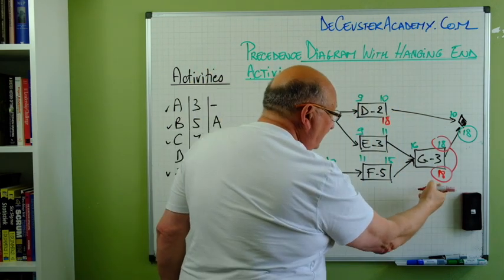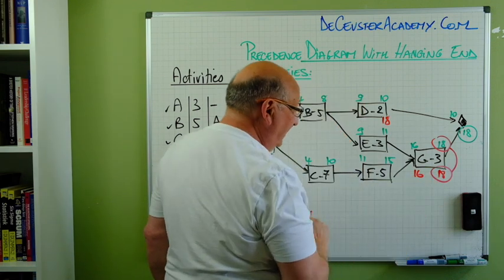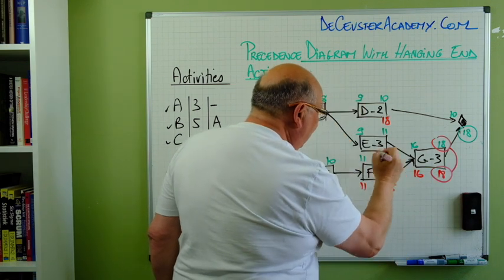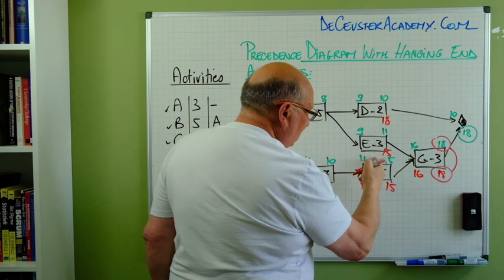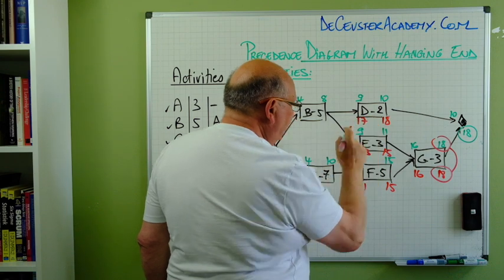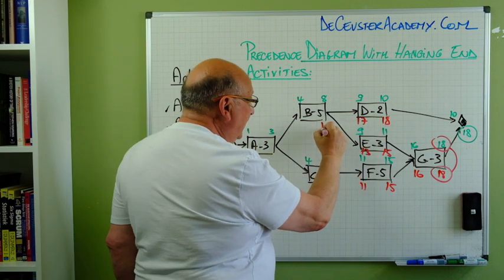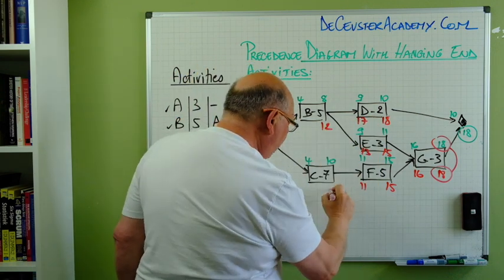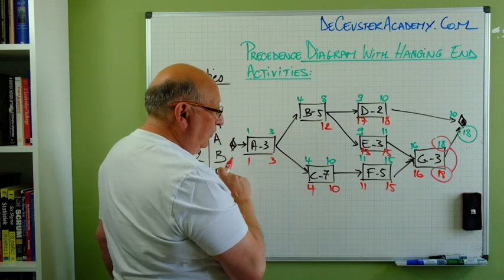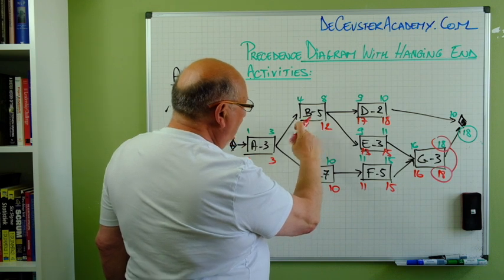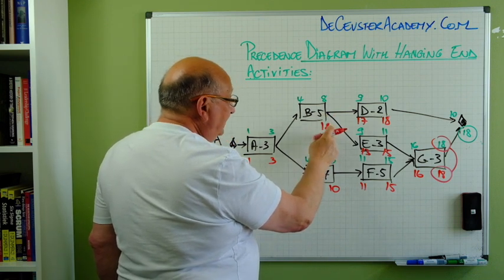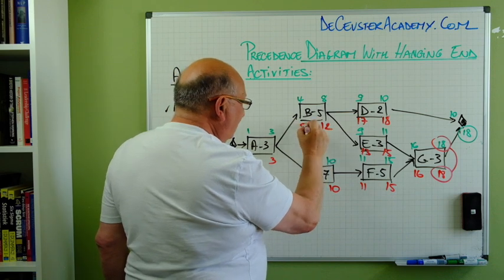We have to put 18, so we have 16 here. We have 15, 11. We have 15 minus 3, so it's 13. Minus 2, it's 17. We take the lowest number here. So I have 12. Here I have 10, 4, 3, and 1. Here I have 12. 12 minus 5 plus 1 is in fact 8.